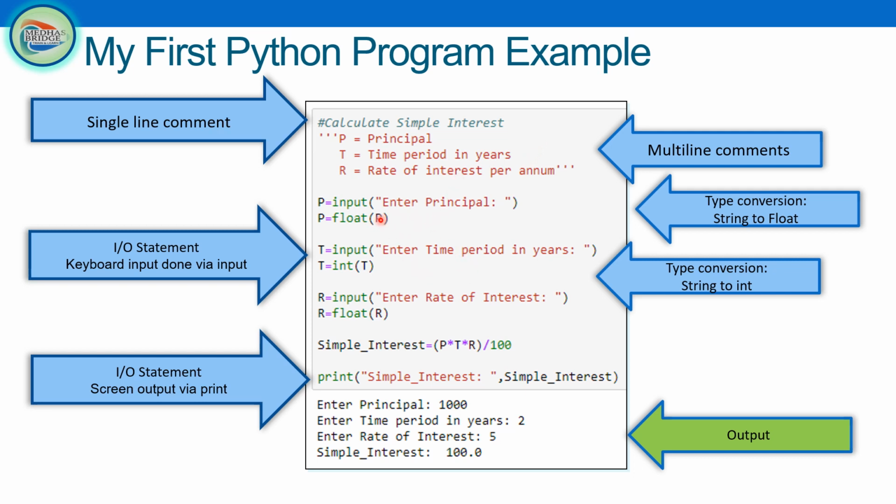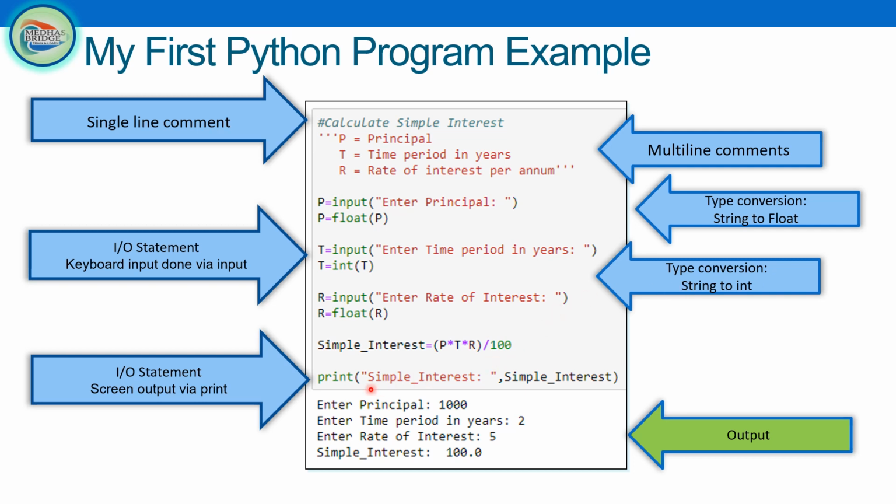Input is an inbuilt Python function which will read user inputs from the keyboard and assign them to a variable. Input reads user inputs as strings, even numeric strings, so we need to convert them to numeric, let us say string to int or string to float.